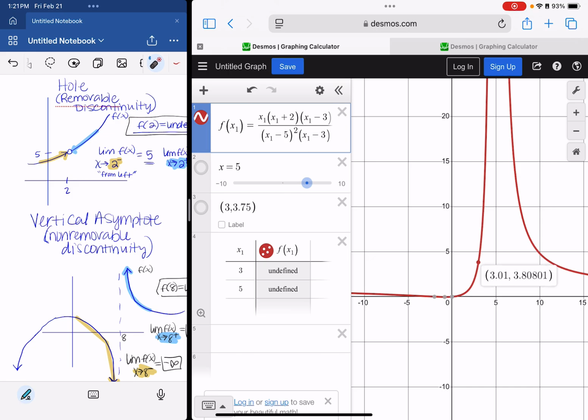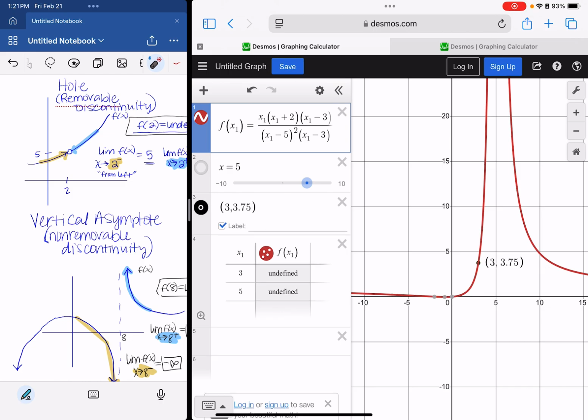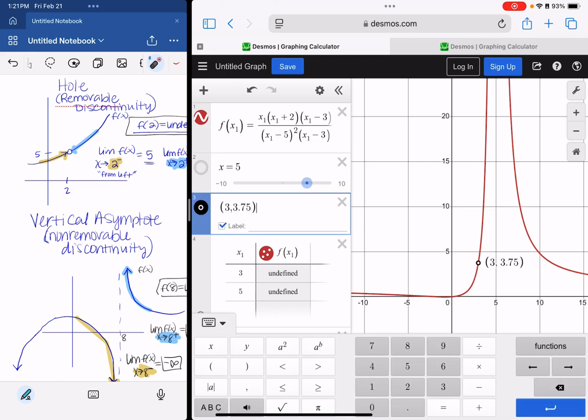And then when I cross over 3, if I were to come back that way and get closer to 3 from the right side, like I was showing in the limit problem with the highlighter, as I get closer and closer, you see the numbers dropping from 4.3 down to something close to 3.8 and then 3.6 on the other side because it's undefined. So that's where we're getting this value for the hole.